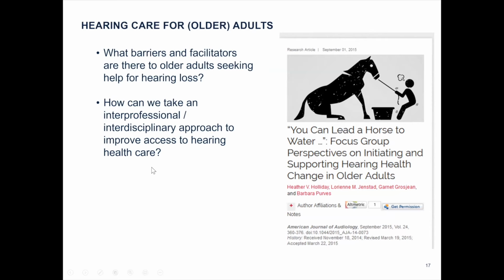I've also done projects that I kind of call more of my touchy-feely side. So looking at things like what are the barriers and facilitators for older adults seeking help for their hearing loss? And perhaps many of you have some older relatives or friends who you really wish would go for a hearing test and are just not.